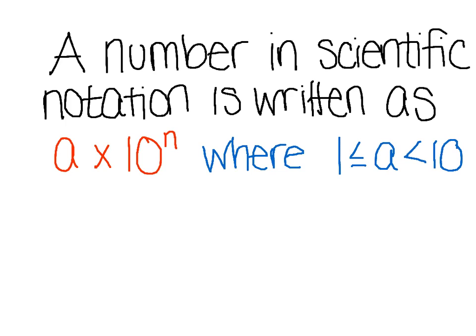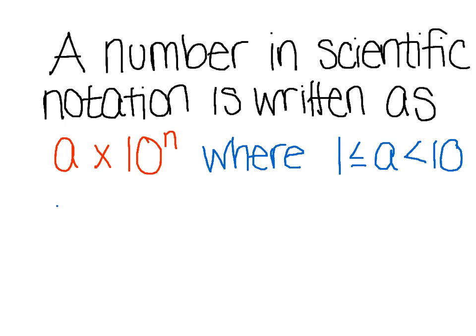So there's always going to be one digit in front of the decimal place, but it can't be 0. So it can be 1, 2, 3, 4, 5, 6, 7, 8, 9, point any other numbers after that. So a is a number that can be 1 through 10, not including 10.